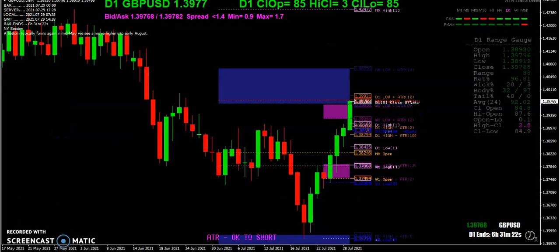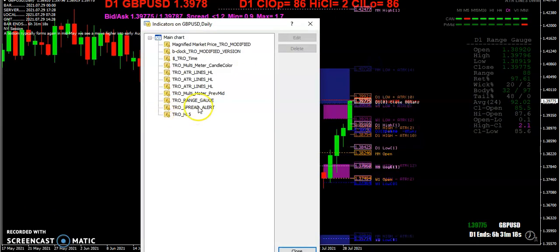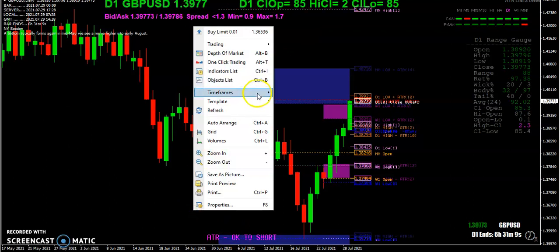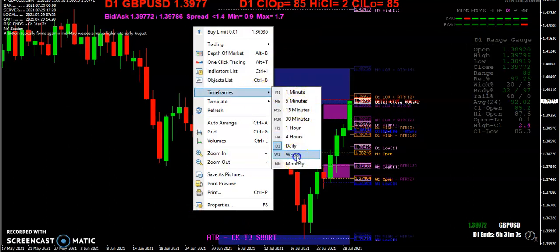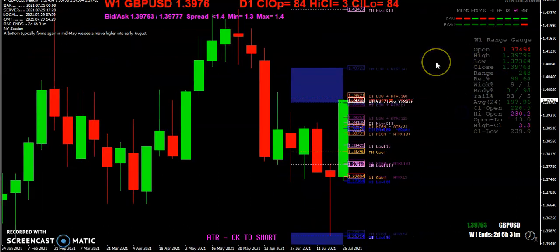Well, I wanted to show you something on the weekly. Let me use, I'll look at the weekly range gauge here. So what we can do is, I believe that's set. Yeah, set the current. So, you see we got a nice big green candle here for the week.